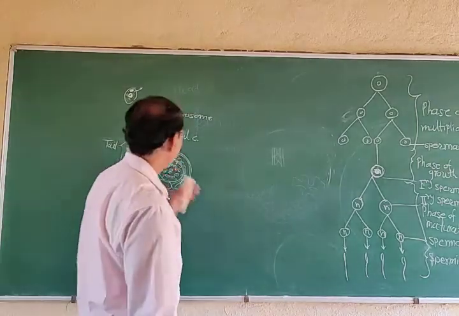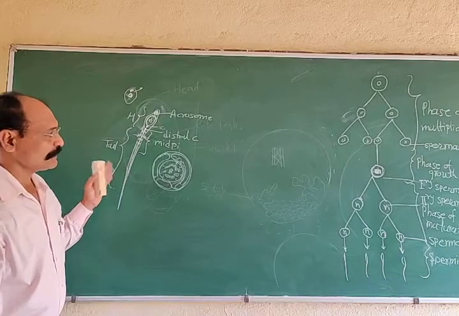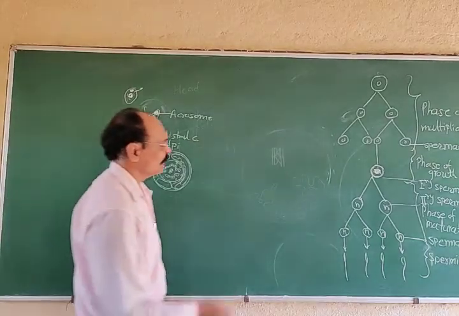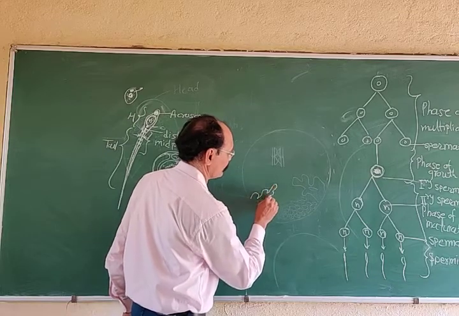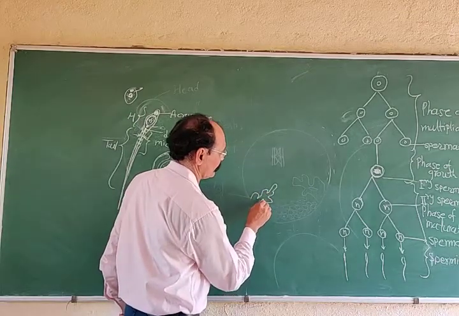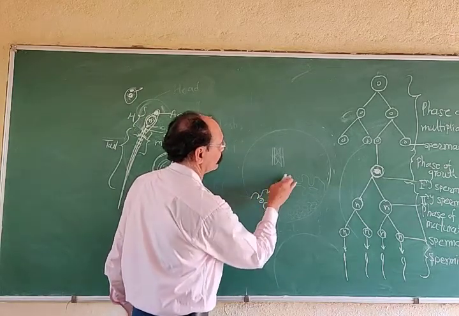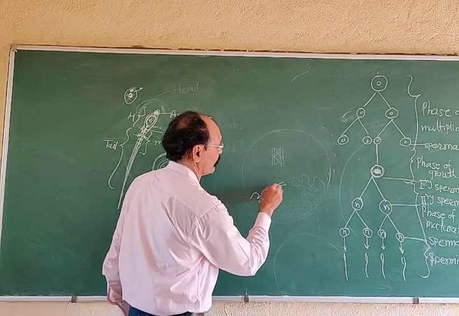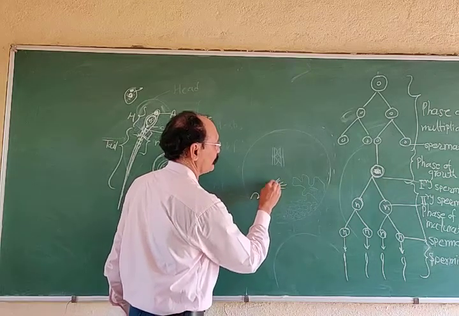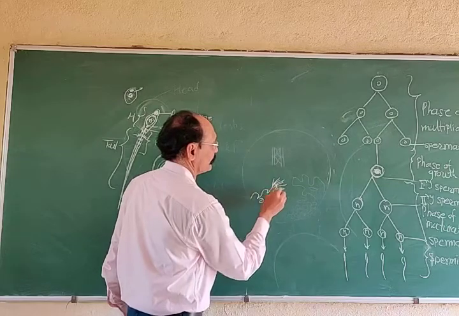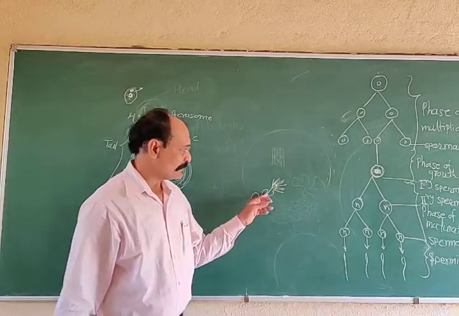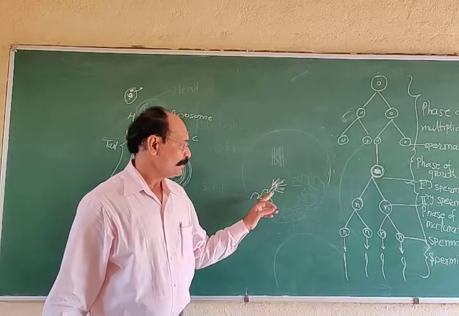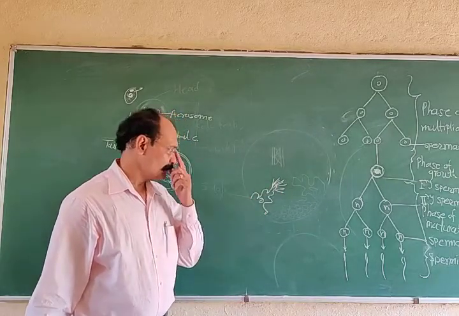Here these sperms are seen to be attached to the Sertoli cells. So these are the Sertoli cells, and this is the lumen, and the sperms are attached with the Sertoli cells, which are providing the nourishment to the developing sperms.